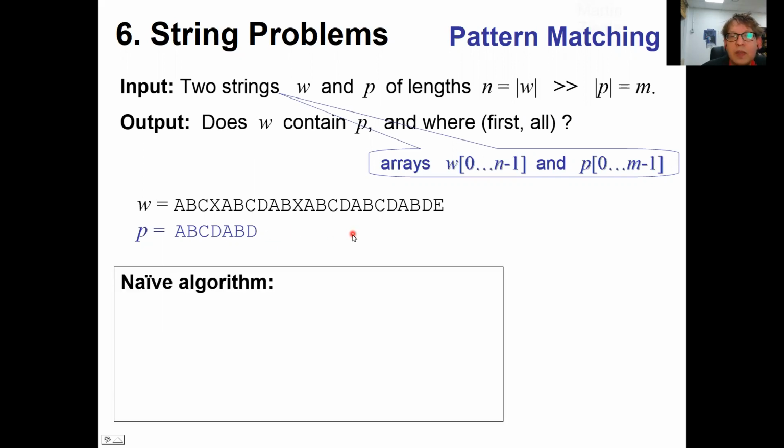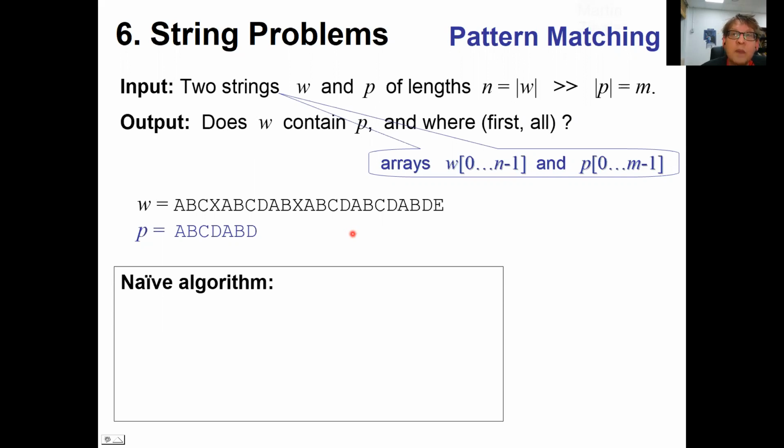The naive algorithm will simply test all possible pairs, all possible configurations where the pattern could occur in the given text string.